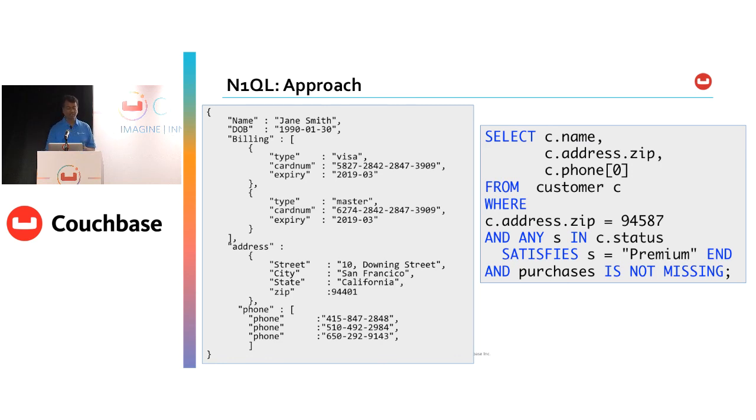And for the second predicate, if the status is an array, you are able to have a predicate on an array to say, I want only the customers in this zip code who have a premium status. They could have multiple statuses depending on your schema design. So I want to make sure this customer has a status called premium. And I want premium customers who have purchased something.